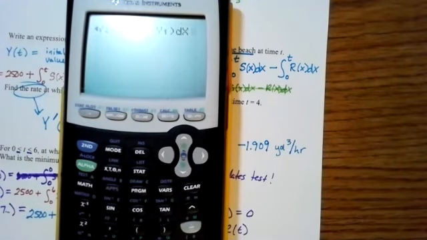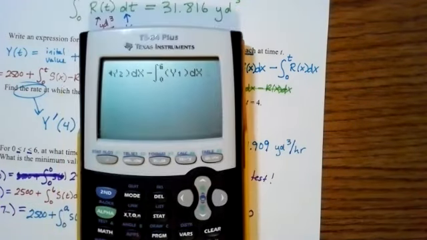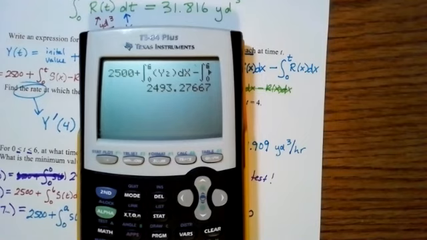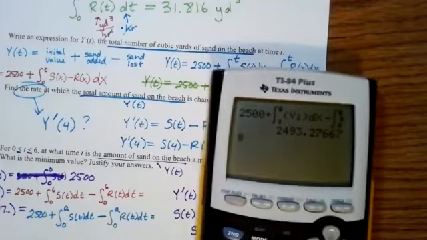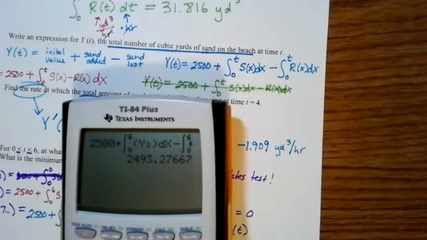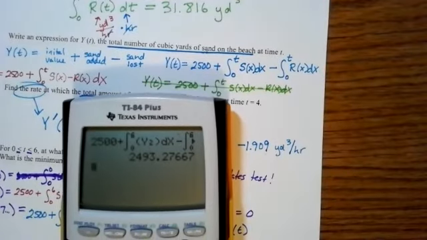You guys probably already have this answer. Nobody can see that. Sorry for that glare. All right, it's thinking. Ooh, look how close that is to 2,500. A little bit less though. So this is 2493.977.